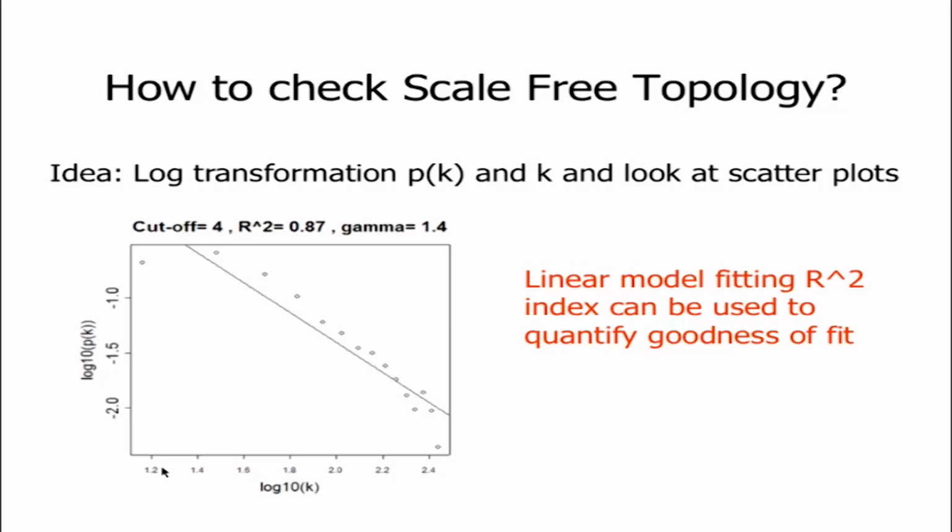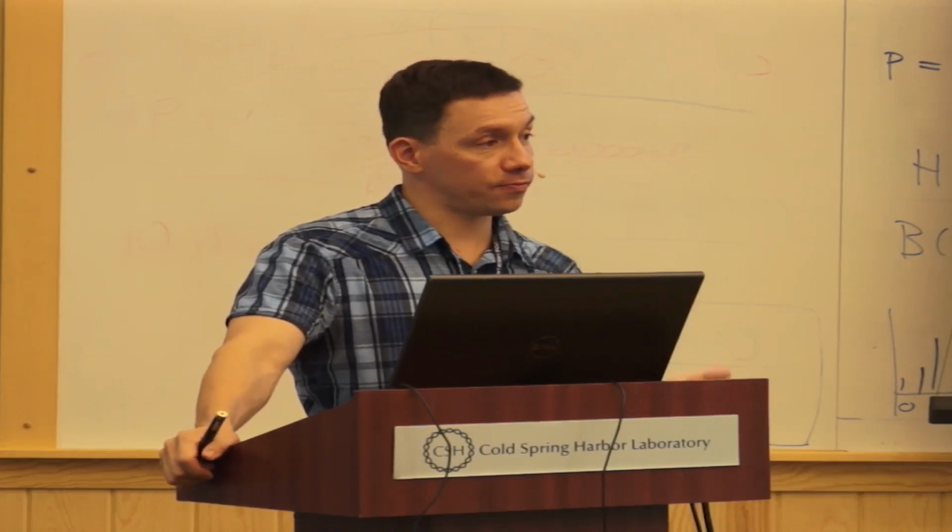A scale-free network is characterized by a linear relationship here. And how do you measure linear relationships? Well, you can again just use the correlation and square it. This is the R-square measure. This correlation between the x-axis and the y-axis squared is a very good measure for assessing a scale-free topology.